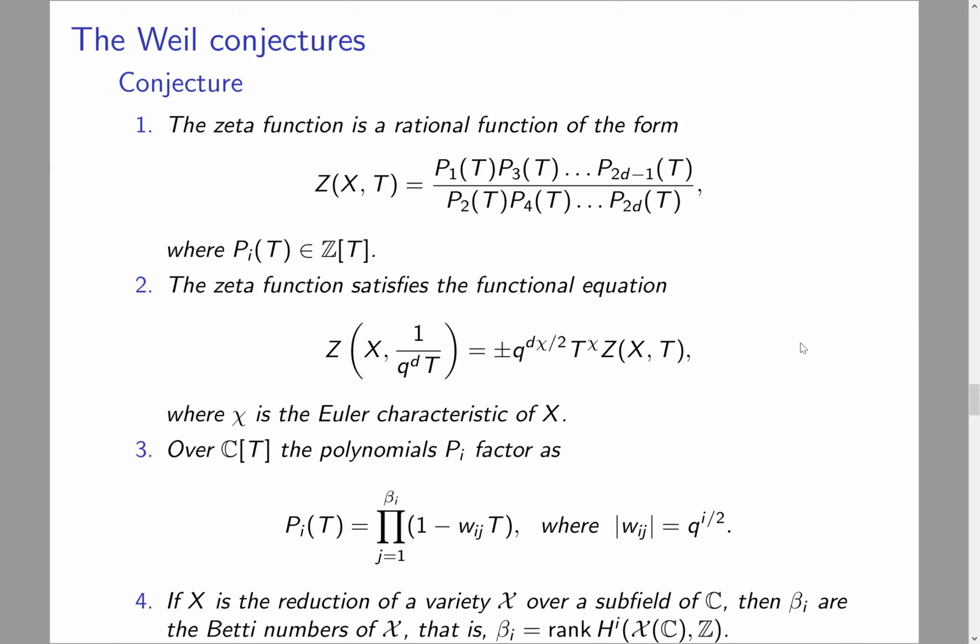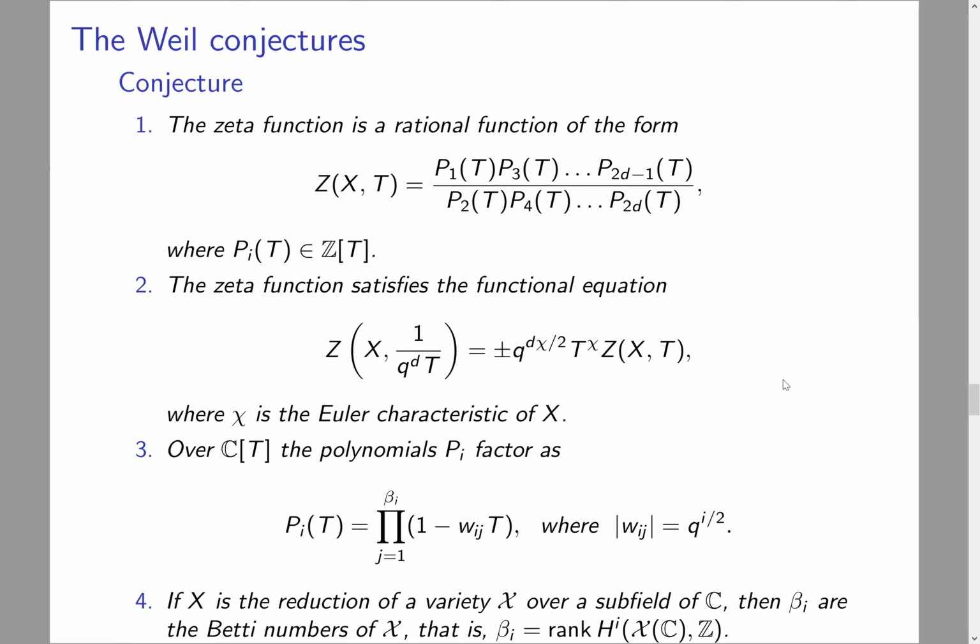And then we take our integer polynomials from point 1 and actually factor them. So we work in the complex numbers, we factor the polynomials, and they'll factor in the following form. They'll all be products of (1 minus w_ij t) for the polynomial P_i. And what we know about w_ij is that it's some complex number whose absolute value is exactly q to the power of i over 2.